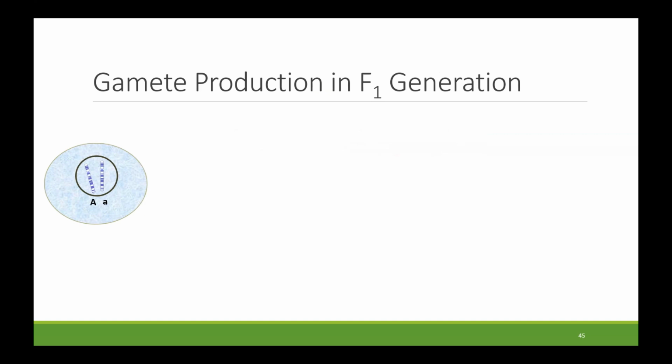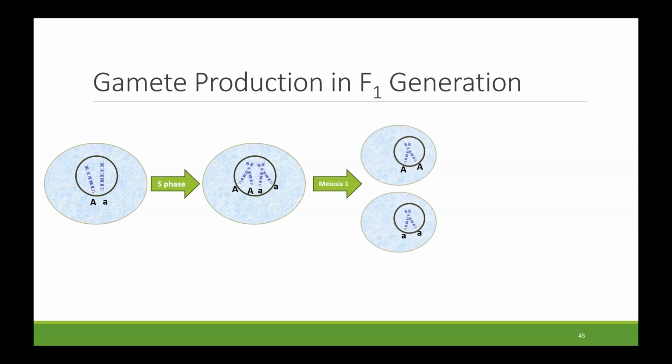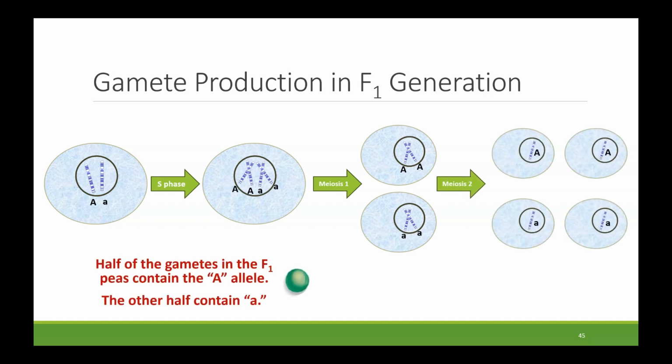So getting back to this graphic, these plants started out with germ cells that contain one of each allele. One chromosome has the dominant allele, and the other one has the recessive allele, because that's what they inherited from their true breeding parents. And then when these germ cells go through their cell cycle, they duplicate their DNA during S phase, and then the homologous chromosomes get separated in meiosis 1, and then finally the sister chromatids get pulled apart in meiosis 2.